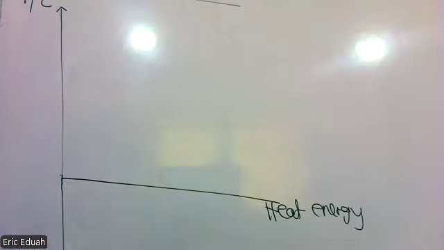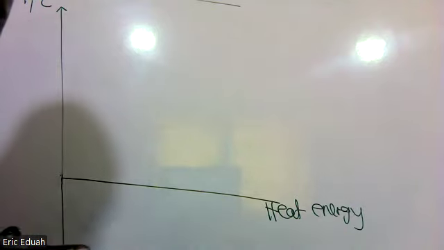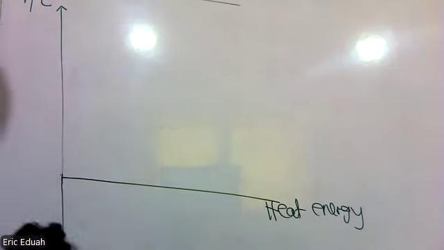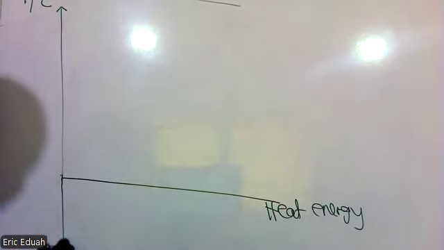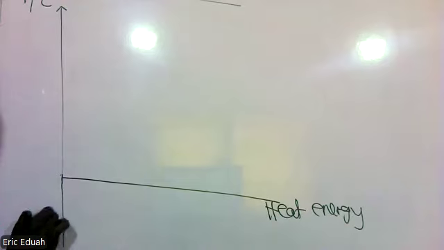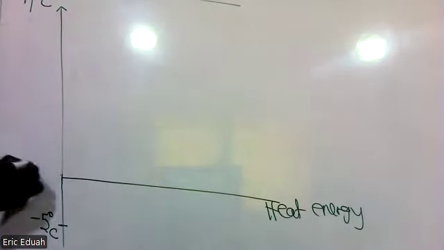Example, water being heated. The example I just gave, water at -5 degrees Celsius. So we are starting with an initial temperature of -5, per our example. This is 0.